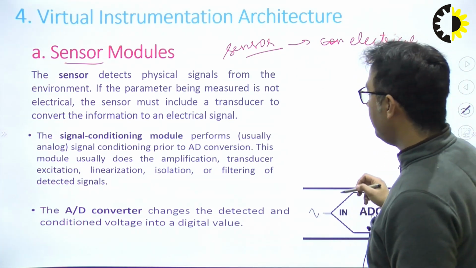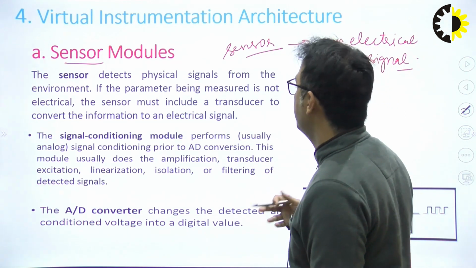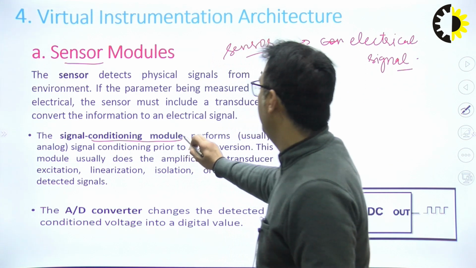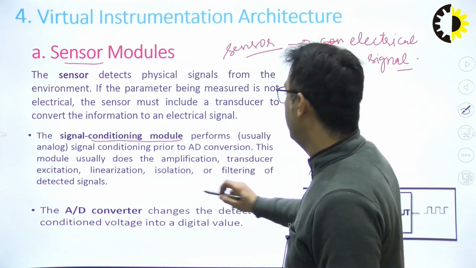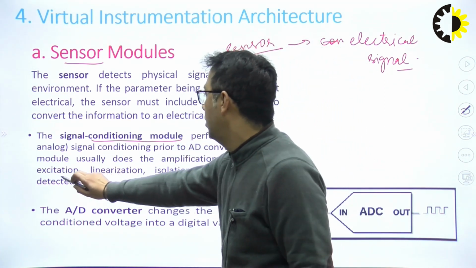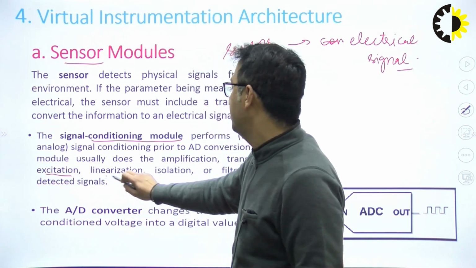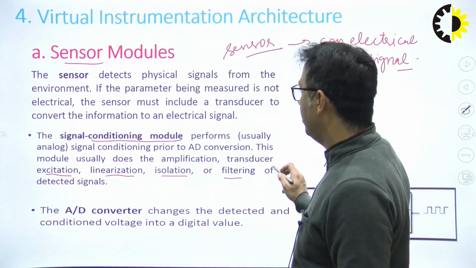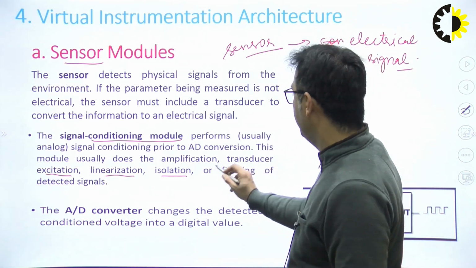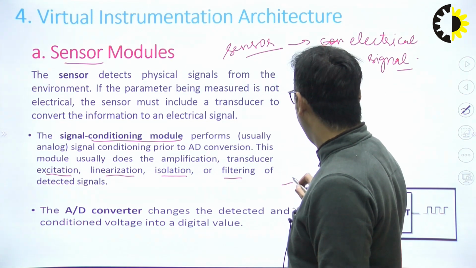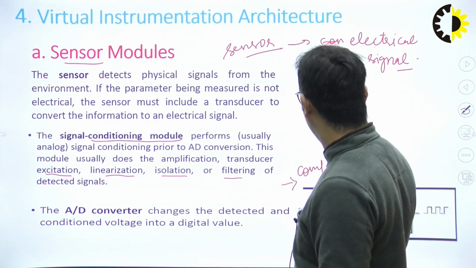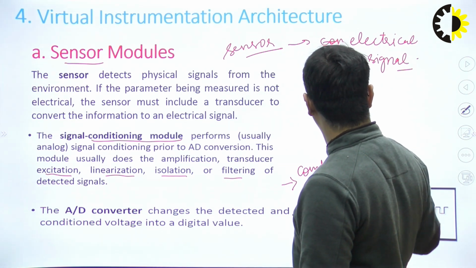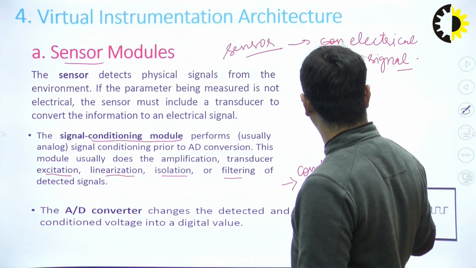And that electrical signal is further processed by the signal conditioning module, which performs many operations on that signal like excitation, linearization, isolation, filtration, and parallelly we convert that analog signal into a digital signal to make that signal compatible with a computer system.